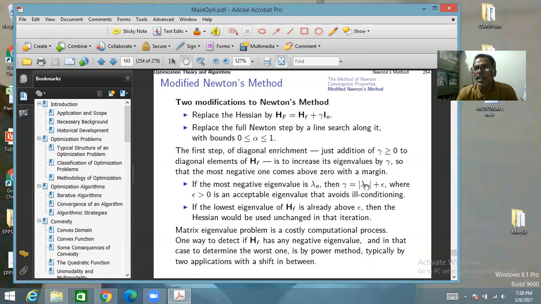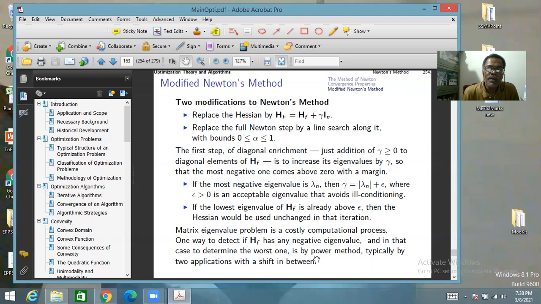So how will you determine this? One relatively efficient method to detect if H has any negative eigenvalue, and in that case to determine it, is the power method, because the power method gives you the largest magnitude eigenvalue.